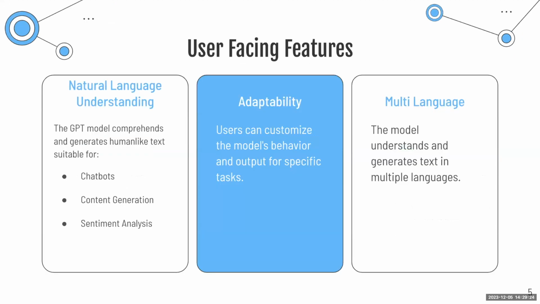Excuse me. So for user facing features, the GPT model is a natural language processing model, which basically means you input text and the model can do whatever you want it to do. So chatbots, content generation, sentiment analysis, and I think one of the goals, even though it's a big goal, would be to not just have a model that can do all these things.